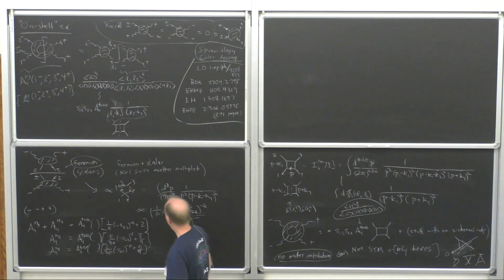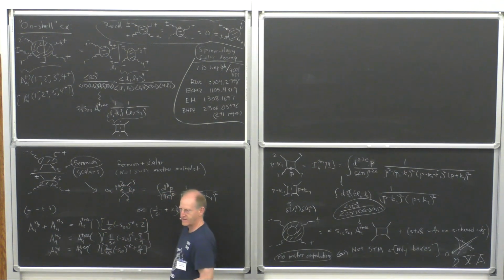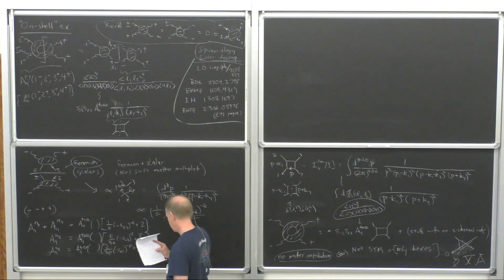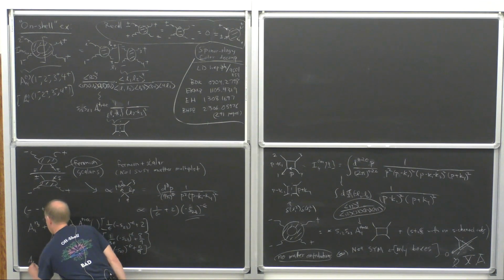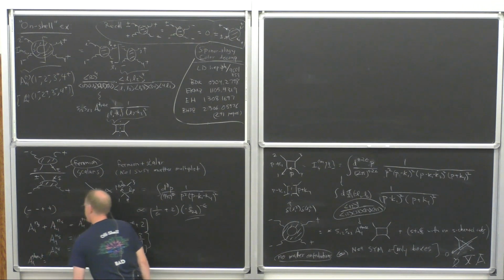Now, these bubbles are not allowed in N=4 super Yang-Mills. So for the A4 gluon from the T channel, this bubble isn't there in N=4 super Yang-Mills.